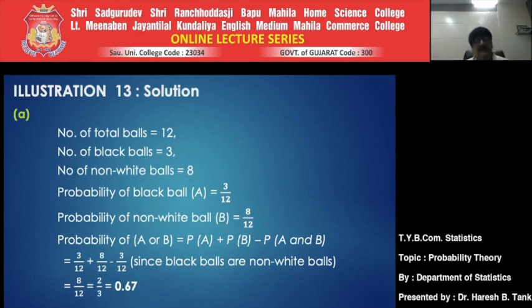Fine enough. Our intention was either a black ball or non-white ball. Now these events are denoted as A and B. So naturally our intention is to get probability of A or B, which means A union B. Probability of A union B is probability of A plus probability of B minus probability of A and B. Fine enough.